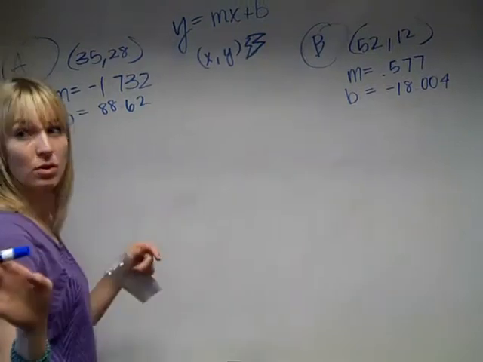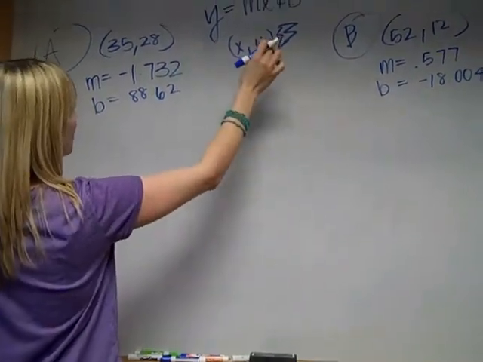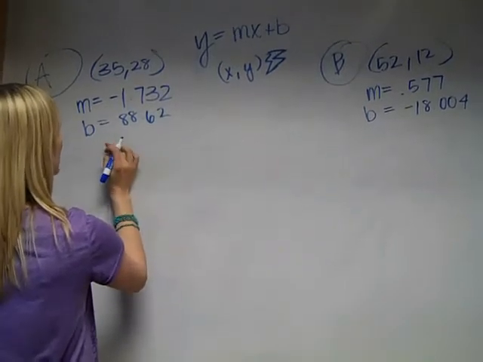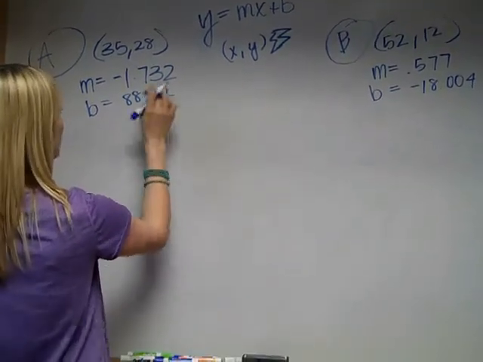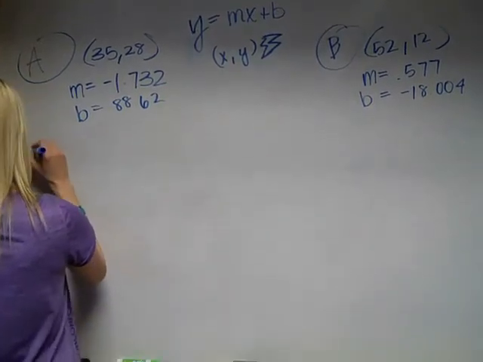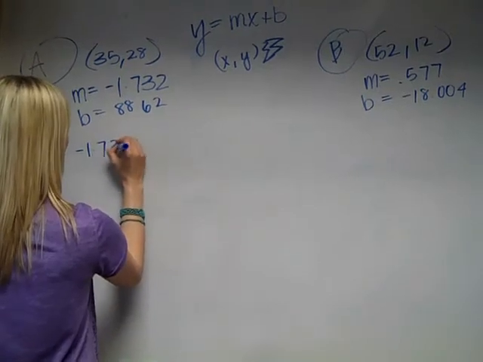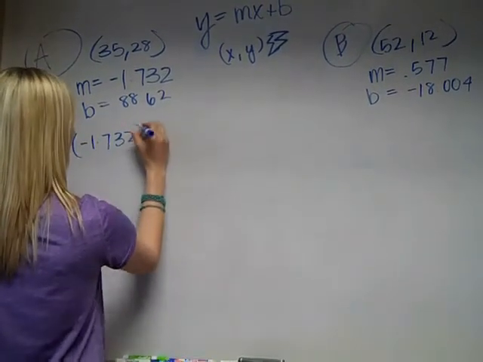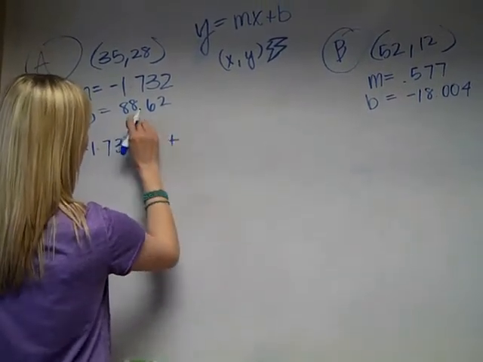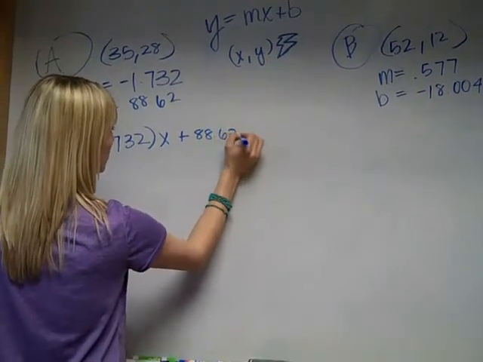Does that make sense? Okay. So y equals mx plus b. We don't know what x and y are, but we do know the slope and the b. So we have y equals negative 1.732x plus 88.62.